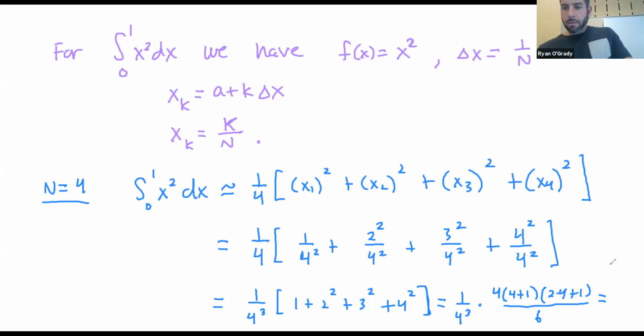If you do this, you end up getting, I believe, 15 over 32.